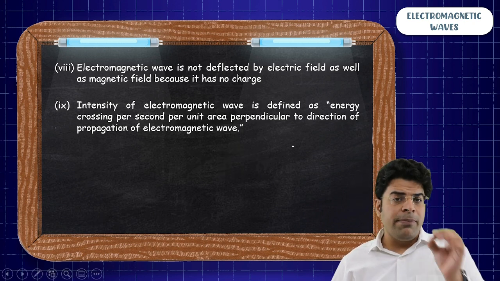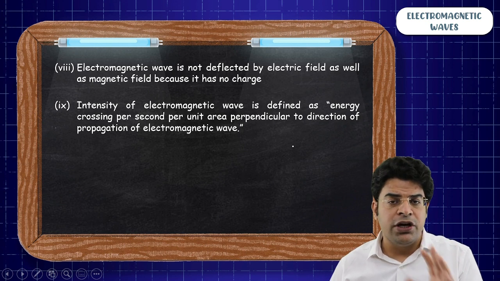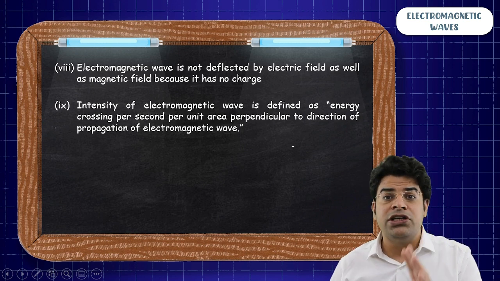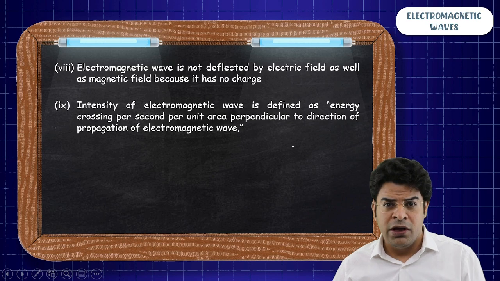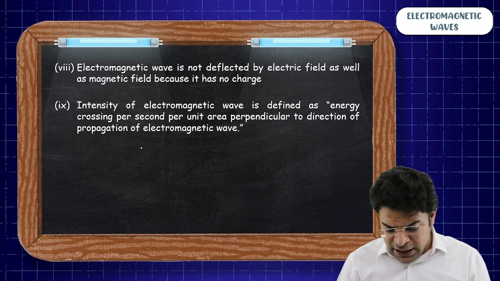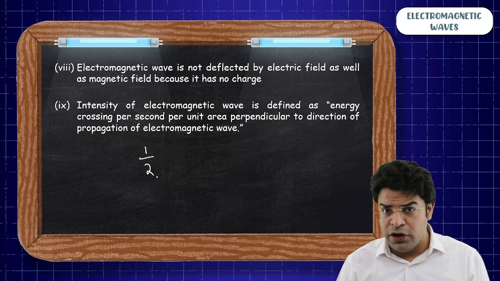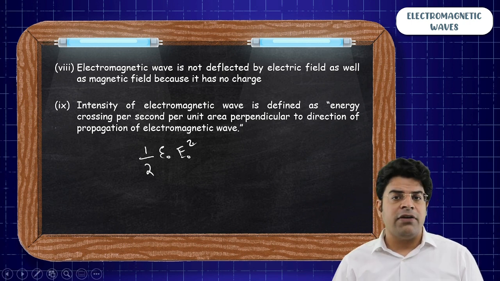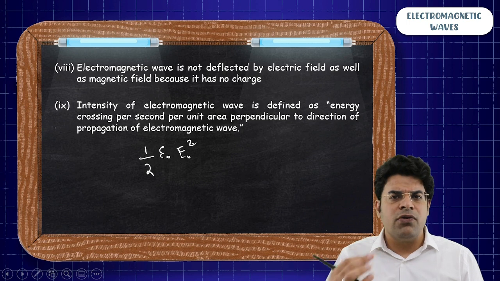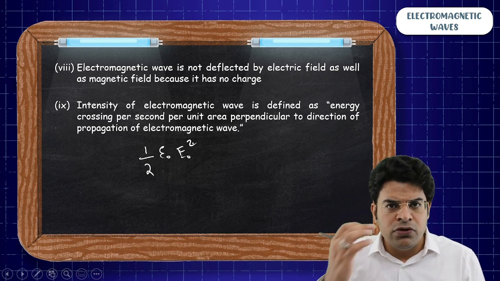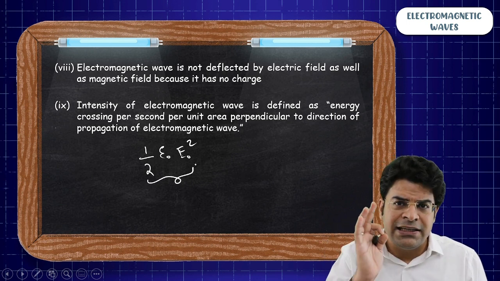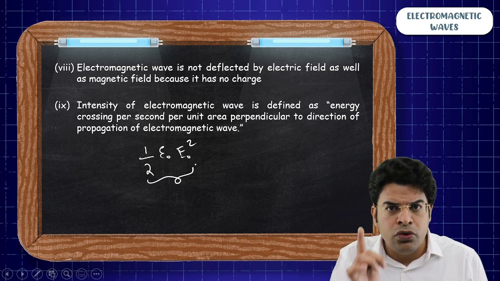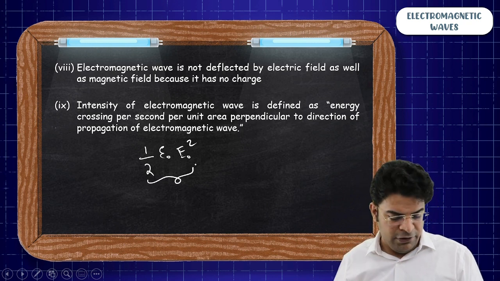Now, if you remember the formula of energy density of EM wave, to remember the intensity of EM wave is very easy. I have just taught you guys that the energy density, that is the energy stored per unit volume, is given by half epsilon naught the amplitude of electric field whole square, and that is equal to the amplitude of magnetic field whole square divided by 2 mu naught. Remember that this is the net energy density due to both electric field as well as magnetic field.